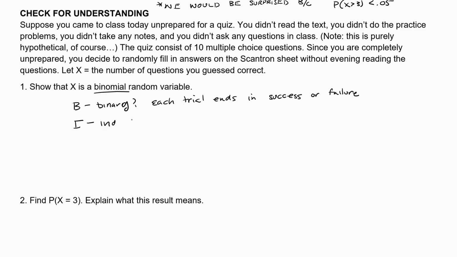Independent: each of these trials are indeed independent because earlier successes or failures don't affect future ones. Is there a set number of trials? Yeah, the n in this case is 10. Is it the same probability for each trial? In this case, let's say this is our same test, and there are 5 options. Probability in this case would indeed be 0.2 for every single trial. So yes, binomial.